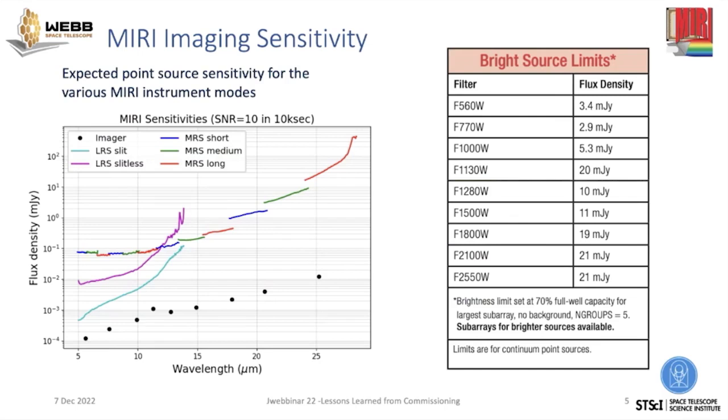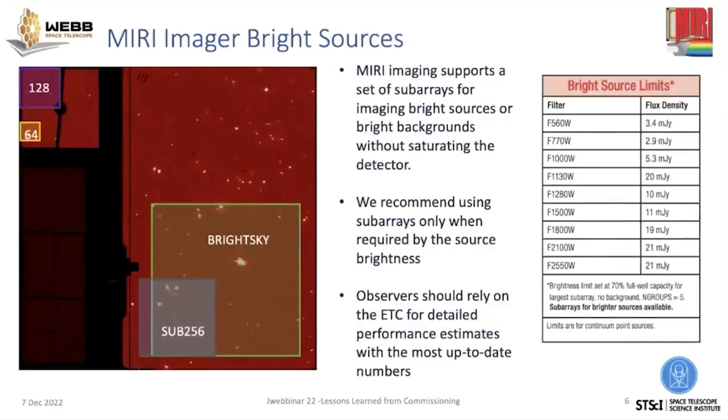But if you want to observe even brighter targets, you can, because MIRI imaging does support a set of subarrays. We have 4 subarrays: bright sky, sub 256, 128, and 64. We recommend using these only when it's required by the source brightness, meaning it would saturate the full array.